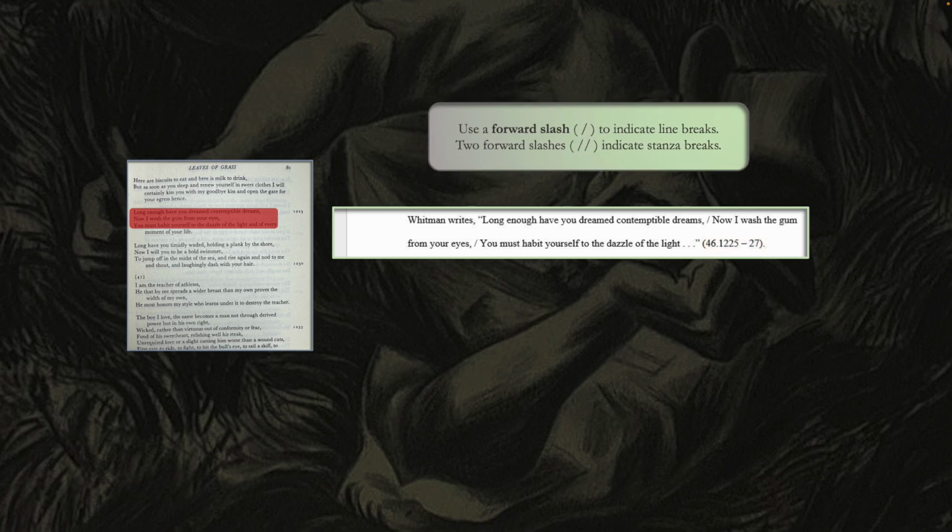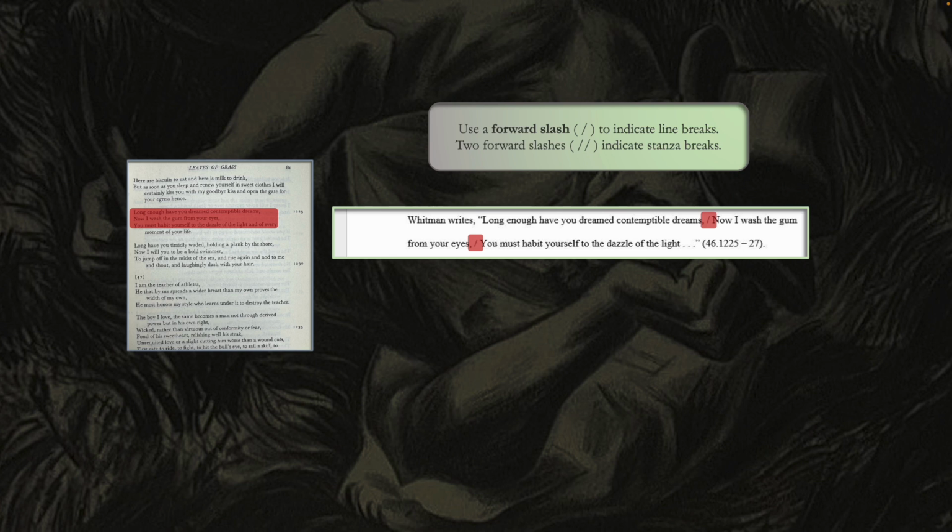So first, I want to talk about forward slashes. If you look at my example, you'll notice there are two forward slashes. There's the first one, there's the second one. That's how you indicate line breaks when quoting 3 or fewer lines of poetry. If there were a stanza break in there, then I would use 2 forward slashes. And I want you to pay attention to the spacing.